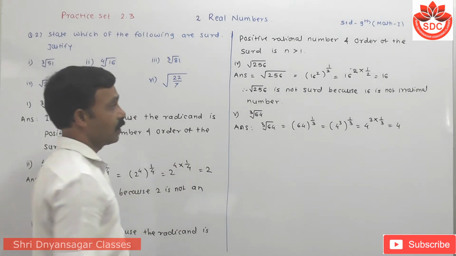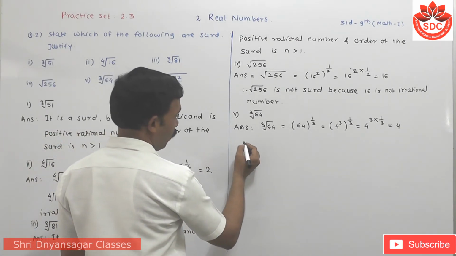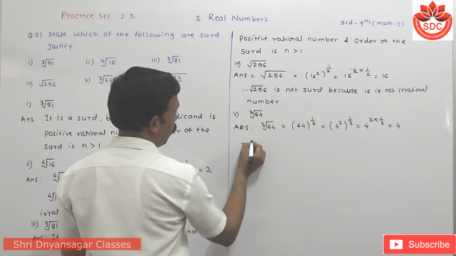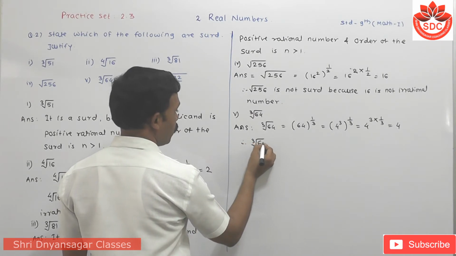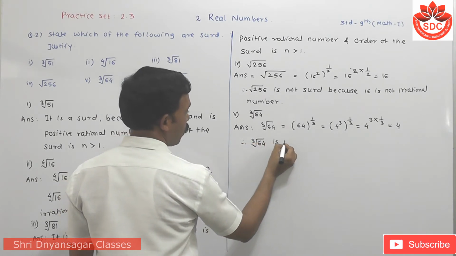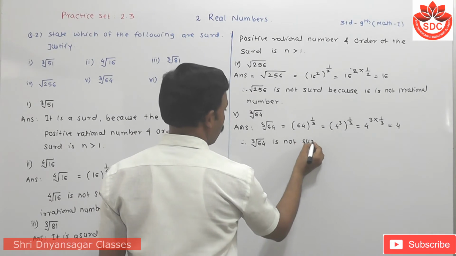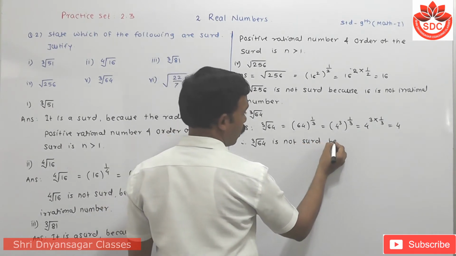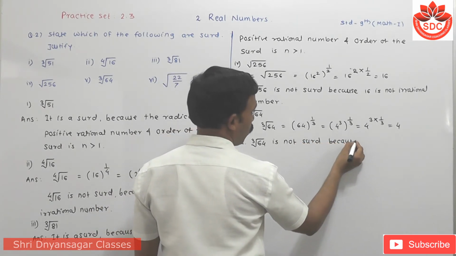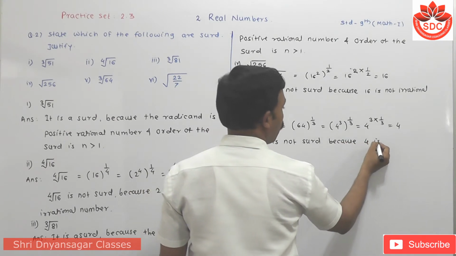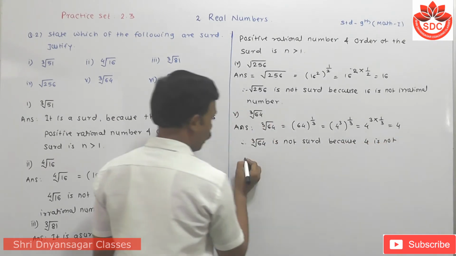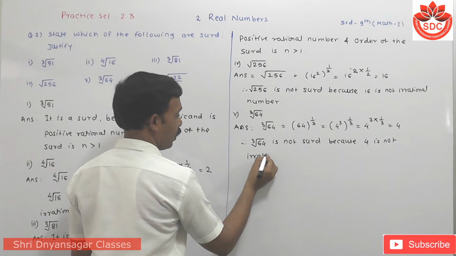This is also not a surd. Therefore, the cube root of 64 is not a surd because 4 is not an irrational number.